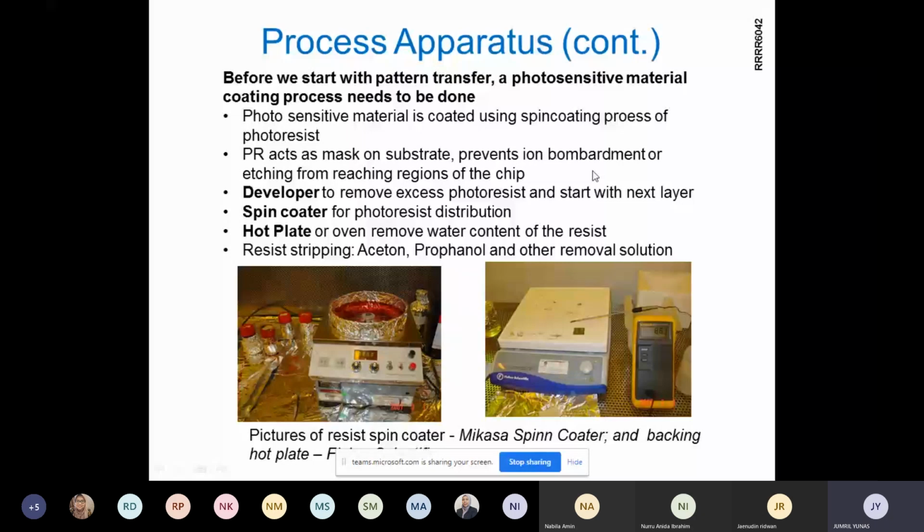A spin coater is used for photoresist distribution, and we also need a hot plate or oven to remove the water content of the resist. To remove the photoresist, we can use acetone, propanol, or other removal solution, depending on the type of the photoresist.